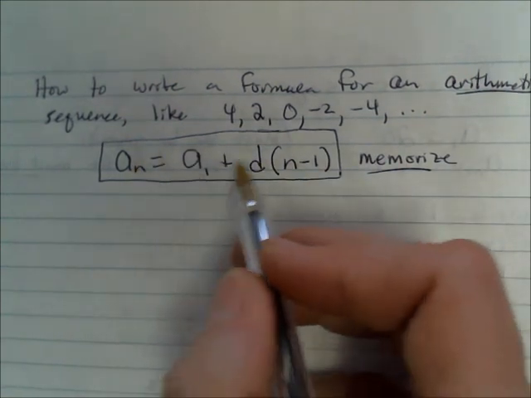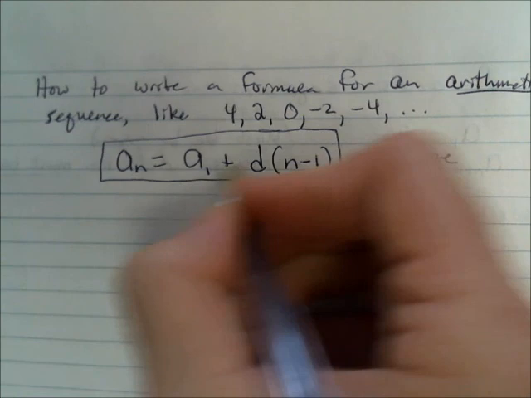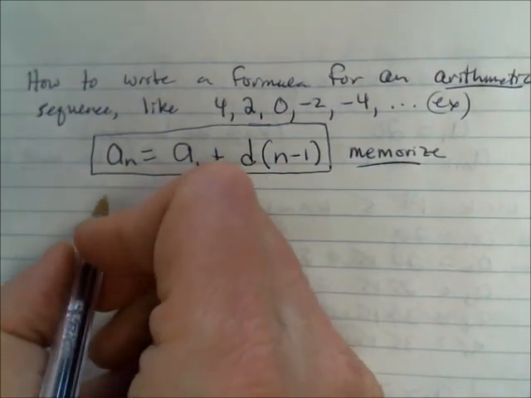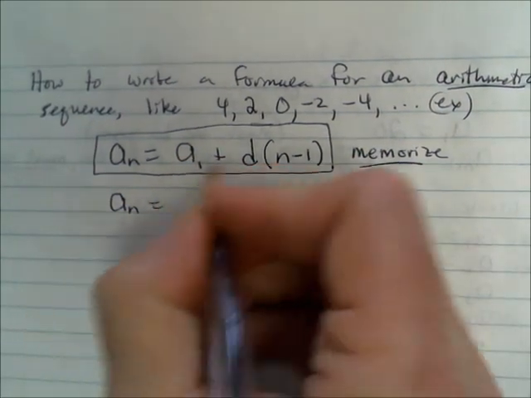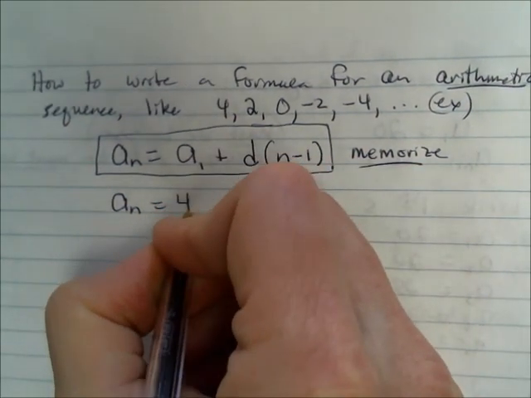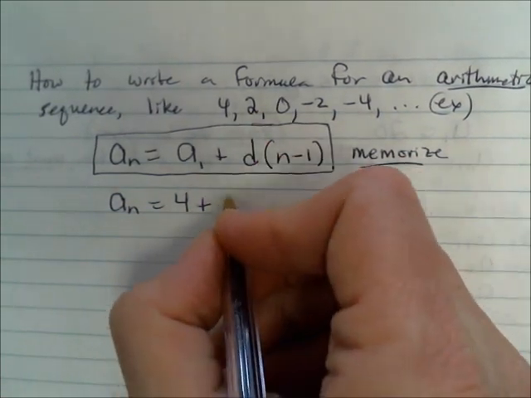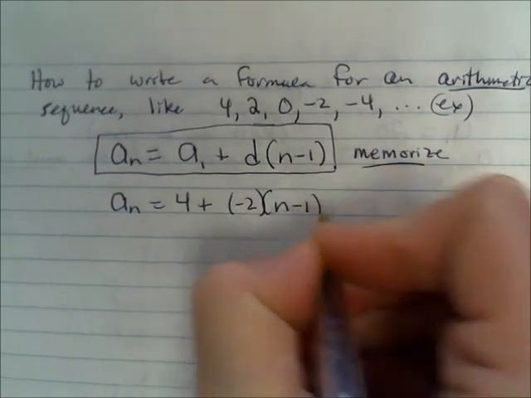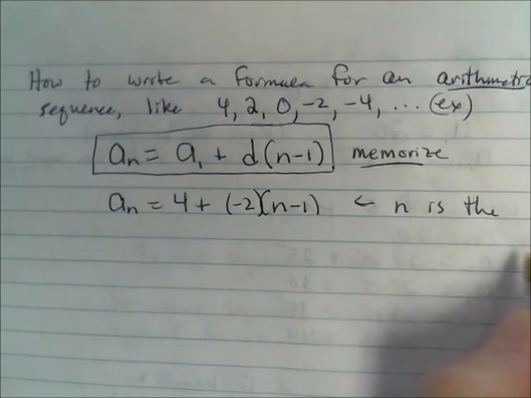So if I wanted to write an explicit formula for this arithmetic sequence, this is our example. Our example says any term in this sequence is equal to the first term, which is 4, plus the difference between these two consecutive terms is -2 times n minus 1. Now n is the variable in this, always.